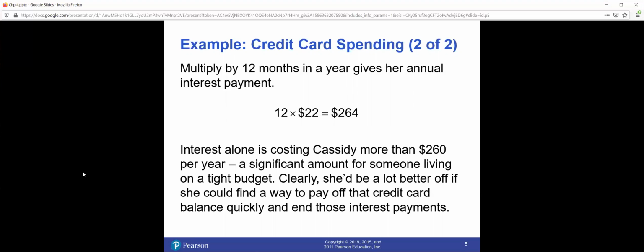That's a not insignificant amount of money to some people. Something that maybe you should look at and say, okay, I'm keeping this balance level. It's costing me $264 for the privilege of the credit card company holding this debt. Perhaps Cassidy should spend a bit less on the credit card and pay it off, so this $264 is less and less.